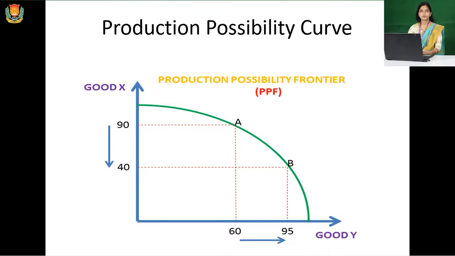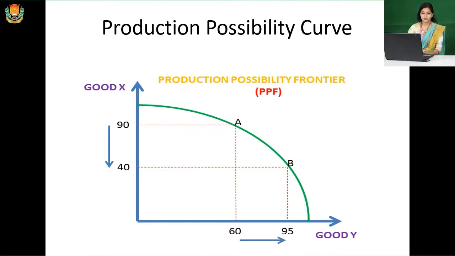Good X is wheat and good Y is rice. So there are two options that I can choose.